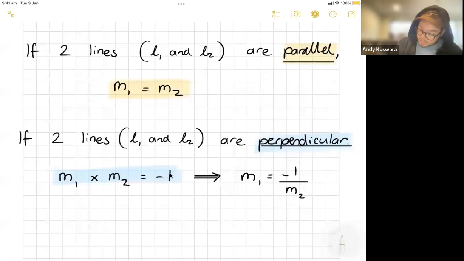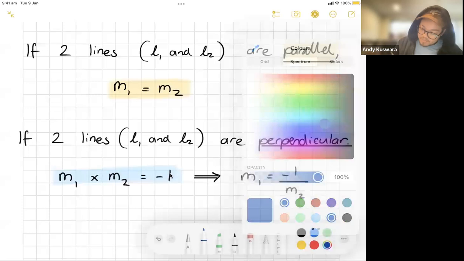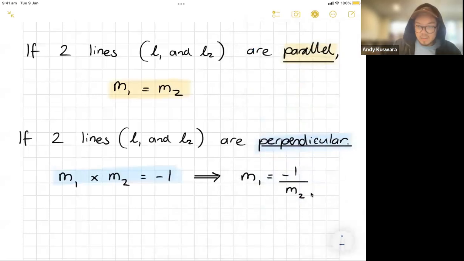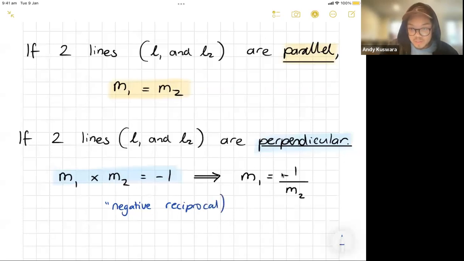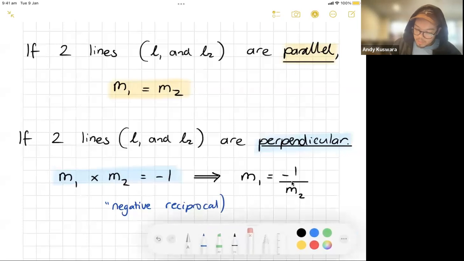I like to think of it as a rearranging of that, but in my mind I think negative reciprocal. The reason it's a negative reciprocal is there's the negative, and reciprocal simply means that we flip the fraction. I'll explain how that exactly works.